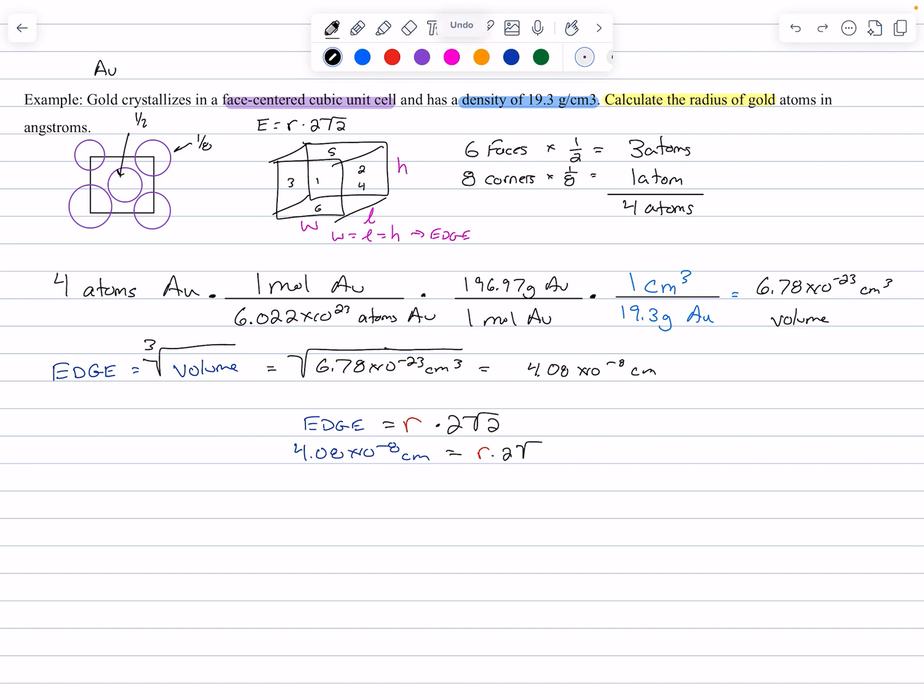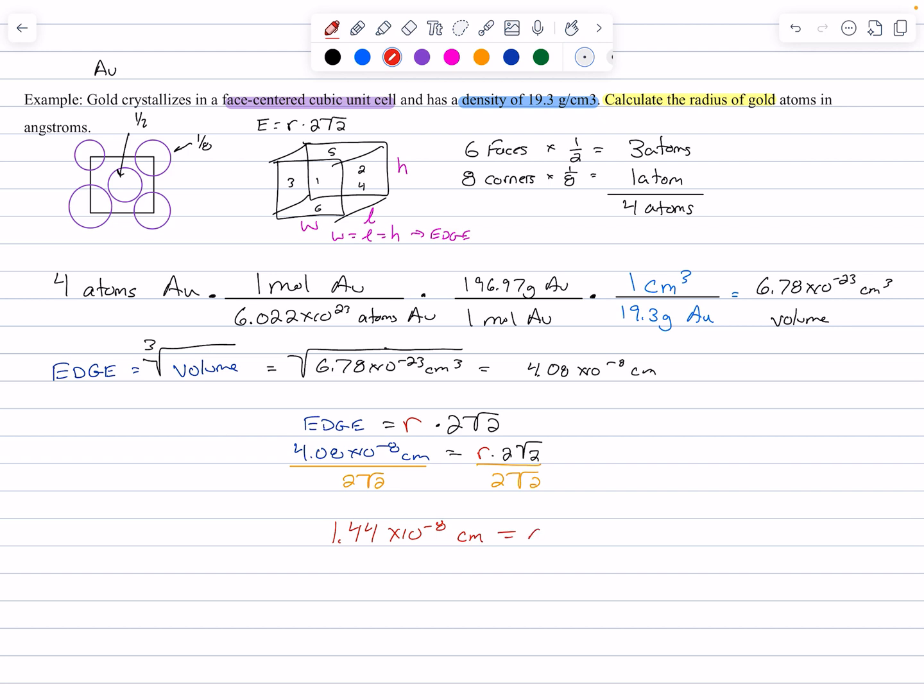And I wrote down a 3. Let's go with 2. And so we have to divide both sides by 2 square root of 2. So my radius is going to be 1.44 times 10 to the negative 8 centimeters.